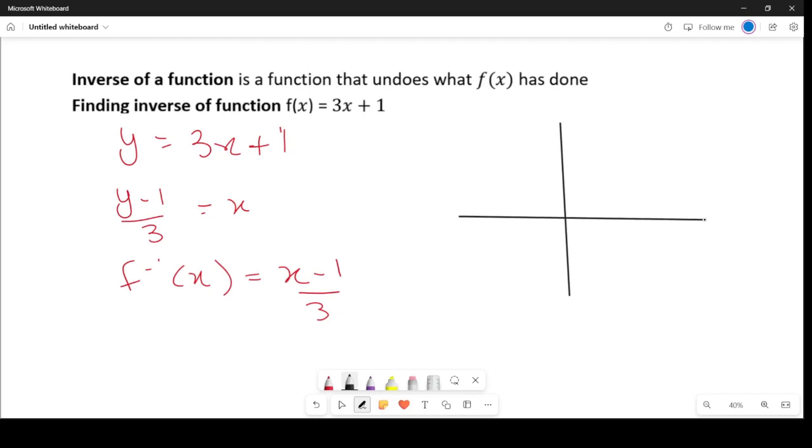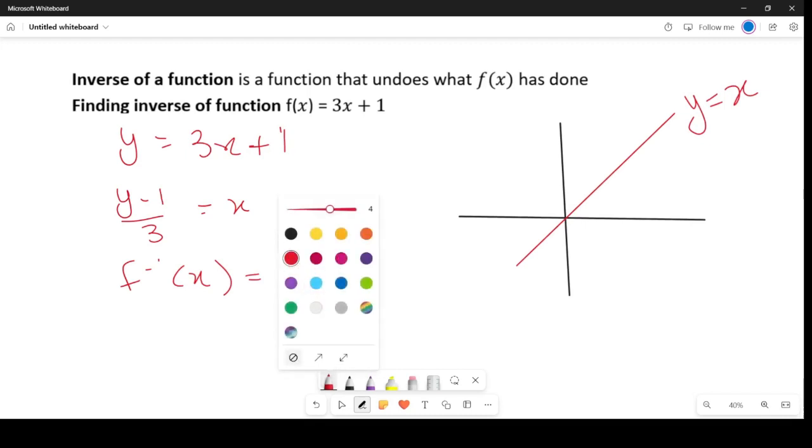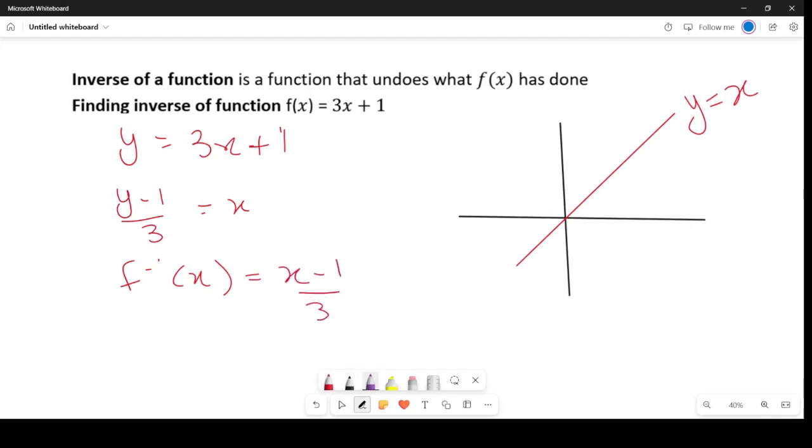There are many lines of reflection. The reflection will be on the line y equals x. So if the graph of 3x plus 1 is, for example, like this, then the graph of f inverse of x would be like this. It will be its reflection on the line y equals x.